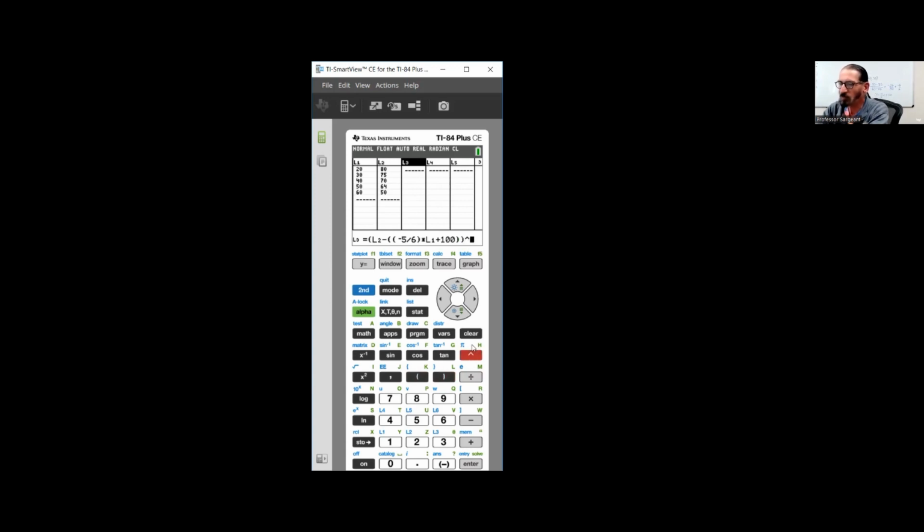Get the square of that. It's filled everything in. And we want the sum of the squares. We've got the squared part. So we want the sum of what's in list 3. We can get that from stat, calc, one variable statistics on what is in list 3.